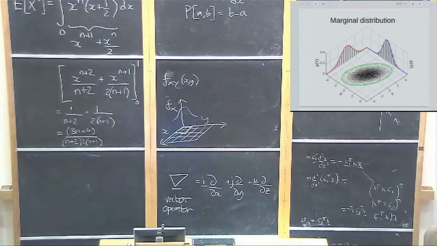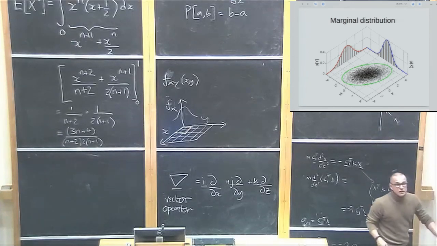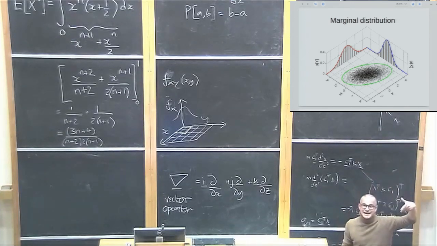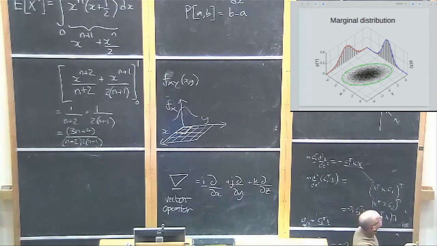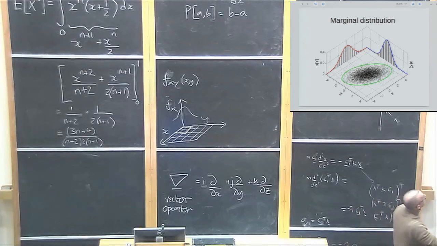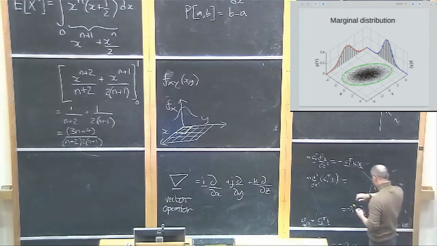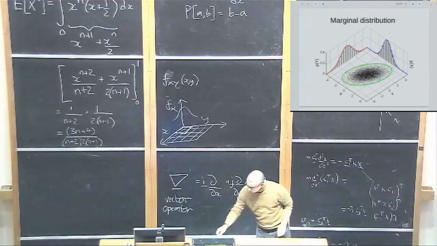So you can calculate from your underlying two-dimensional distribution what your distribution is in only one of the variables. If you look at this distribution here and project it down onto the x-axis, in order to make the marginalization in x, I've integrated over the whole range of y, and that gives me this probability distribution, which you can think of as this 2D distribution projected onto the x-axis, and similarly onto the y-axis.